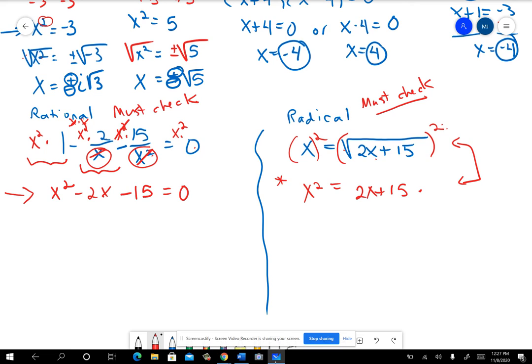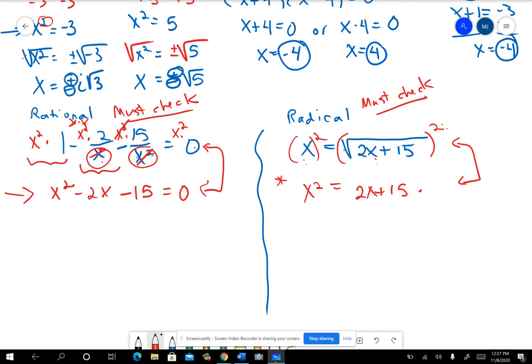These aren't quite equivalent either, because the original equation here had denominators. So there's spots where you might have an issue of division by 0, so you have to watch out for that. So just make a note on both of these to check: on the rational one, make sure you don't get a denominator of 0, and on the radical one, make sure that the number actually works when you plug it in.